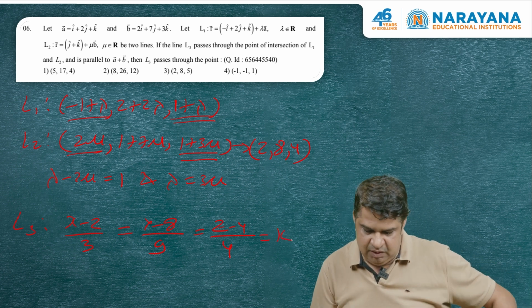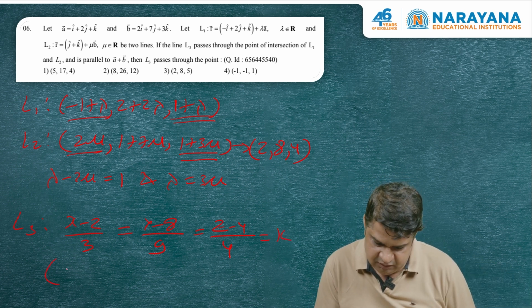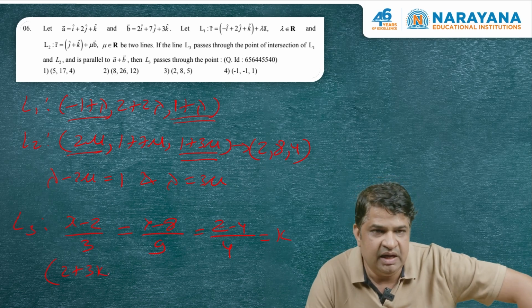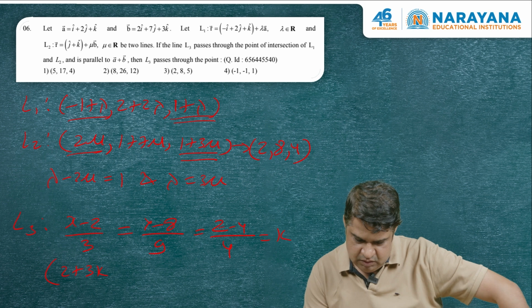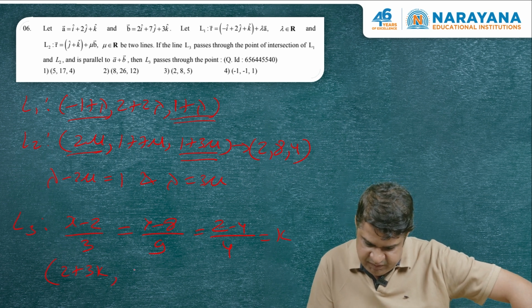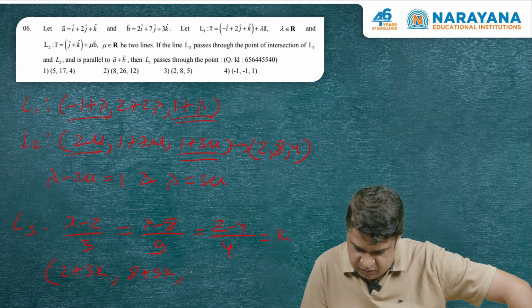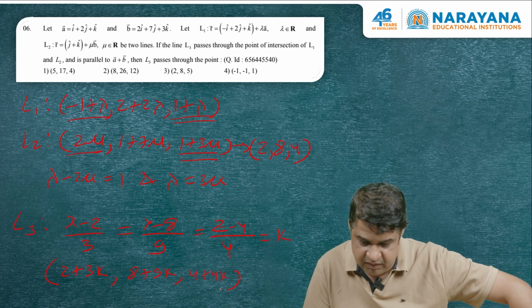So, any variable point lying on the line L3 will become 2 plus 3k. We need direction ratios of A plus B, na? 3, 9, 4. So, 2 plus 3k, then 8 plus 9k and 4 plus 4k.